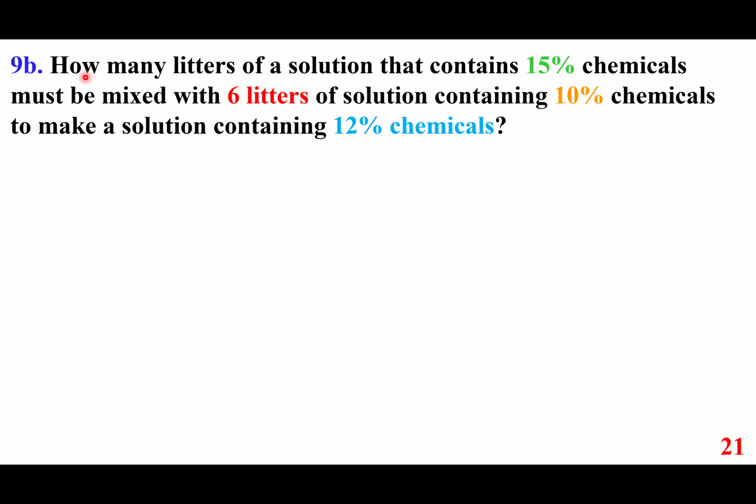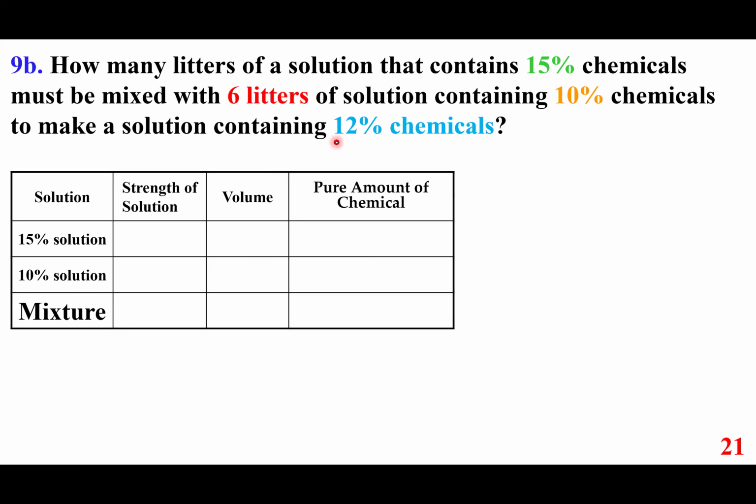Similar questions. Again, a mixture problem. How many liters of a solution that contains 15% chemicals must be mixed with 6 liters of solution containing 10% chemicals to make a solution containing 12% chemicals? So let's go with the same type of table. The solution is 15%, 0.15, 10%, and the mixture.